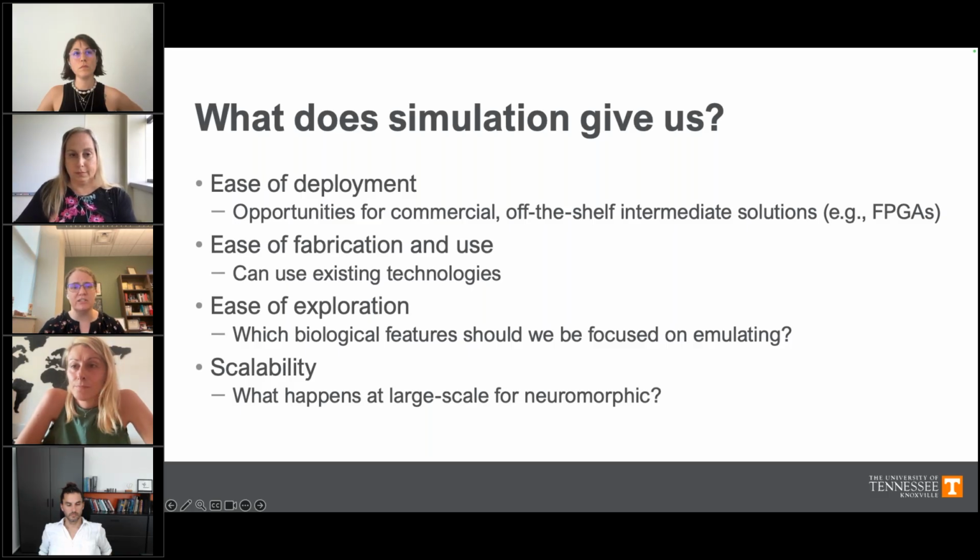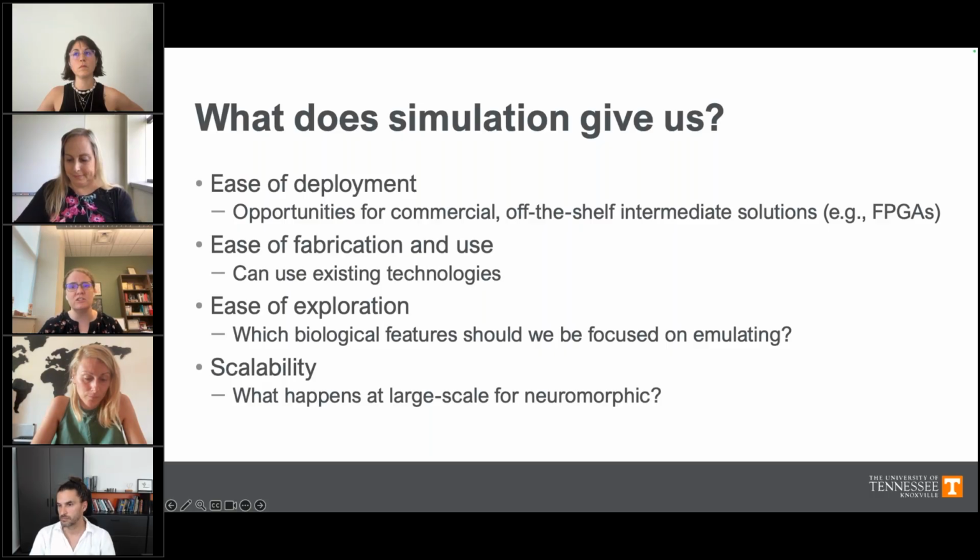There are opportunities to use commercial off-the-shelf intermediate solutions to evaluate simulation-driven neuromorphic, including things like FPGAs. This gives you the opportunity to start playing with these systems in your lab, even if you don't have access to a physical neuromorphic chip. There's also ease of fabrication and use.